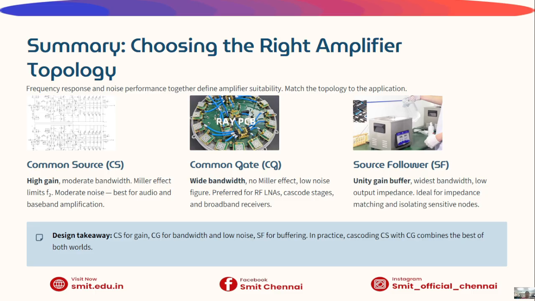The source follower provides unity gain, very wide bandwidth, and excellent buffering capability. In practical integrated circuit design, engineers often combine common source and common gate stages in a cascode configuration to achieve both high gain and wide bandwidth. Selecting the proper amplifier topology depends on the application's gain, bandwidth, and noise requirements.